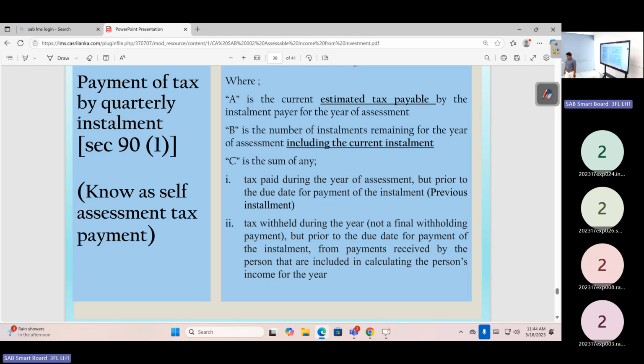In the absence of the taxpayer's assessment, the tax officer or assistant commissioner can issue an assessment which goes as a default assessment. That's the second category of assessment. The first category is self-assessment, the second is default assessment.